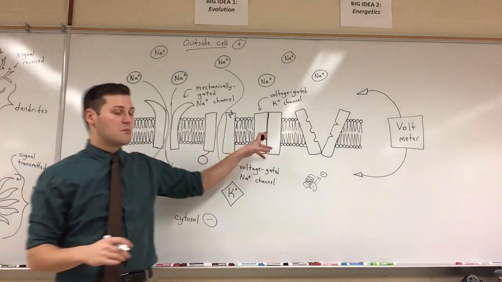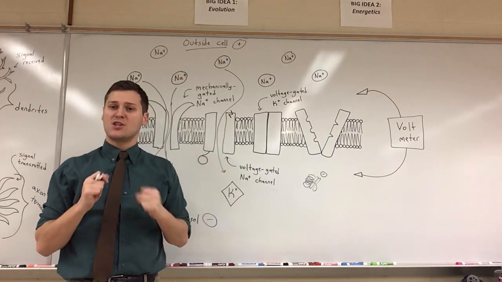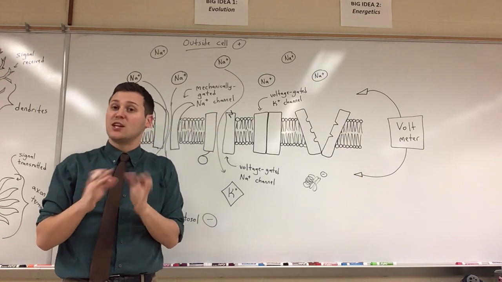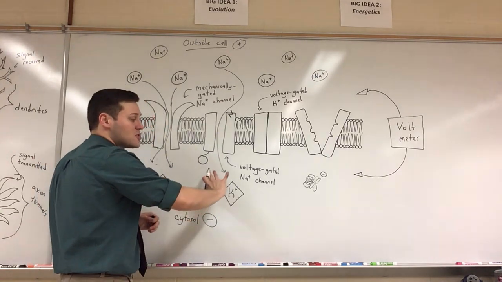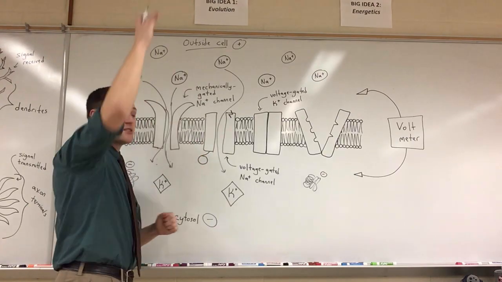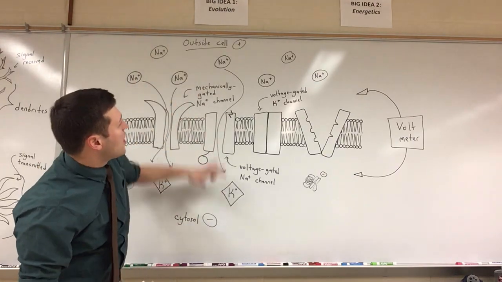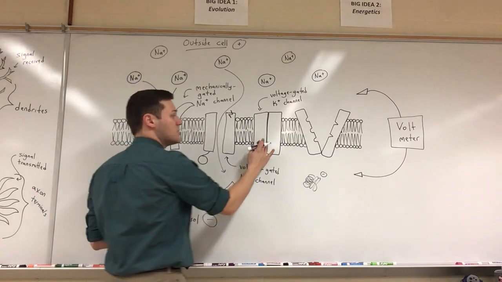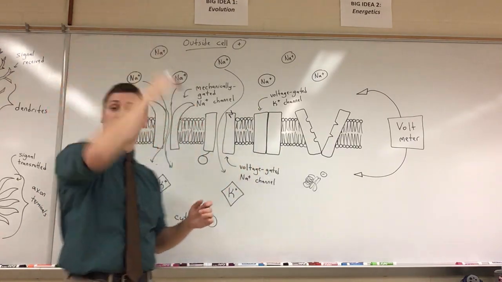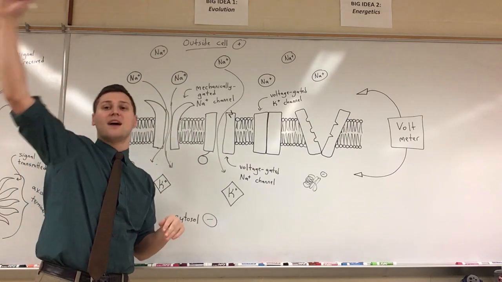So this one's a little more rigid in its way. It doesn't change as soon as the voltage changes a little bit. But if it changes a lot, so now we've let in a lot of sodium, that is going to change the net charge to, let's say, positive 30. Before we were at negative 70, now we're at positive 30.